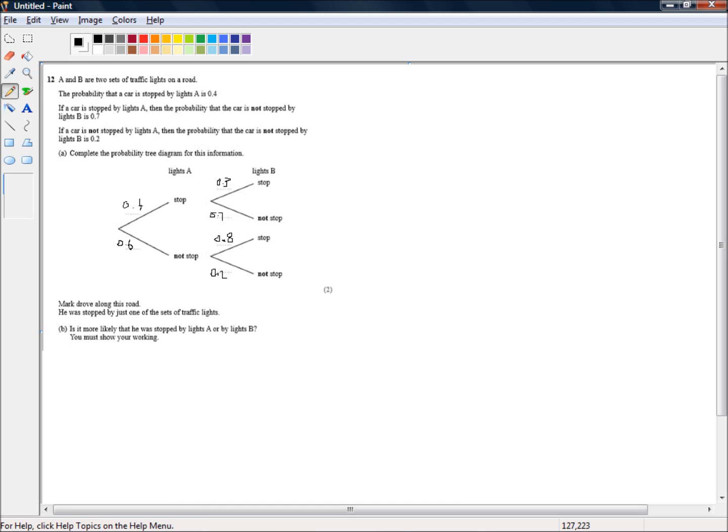Now we're told Mark drove along this road. He was stopped by just one of the sets of traffic lights. Is it more likely that he was stopped by lights A or by lights B? You must show your working.